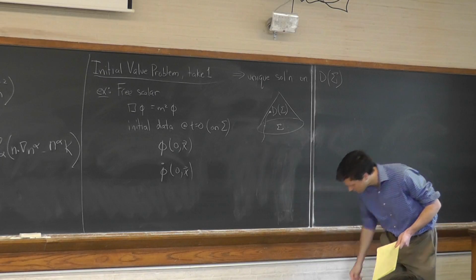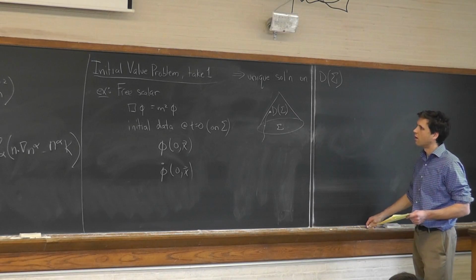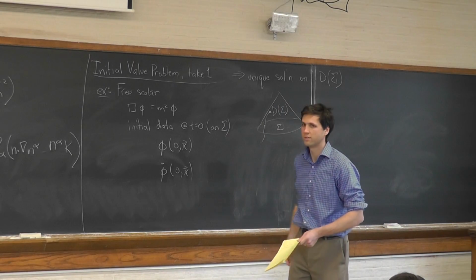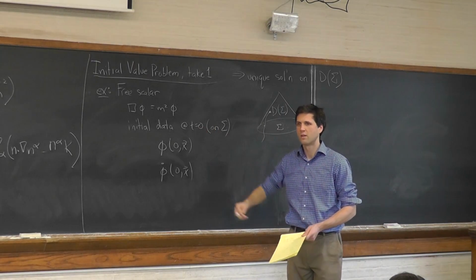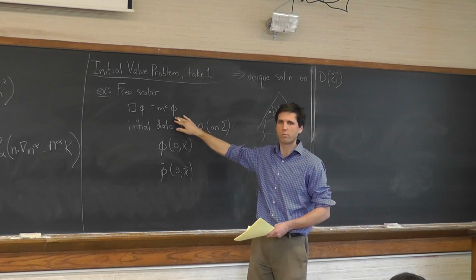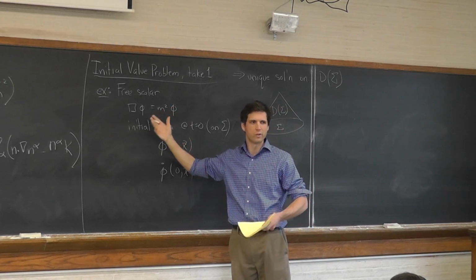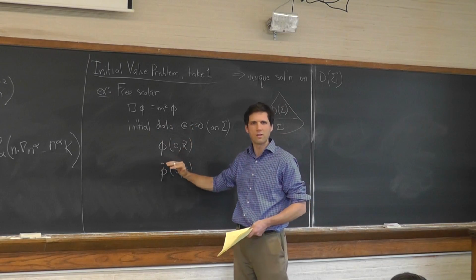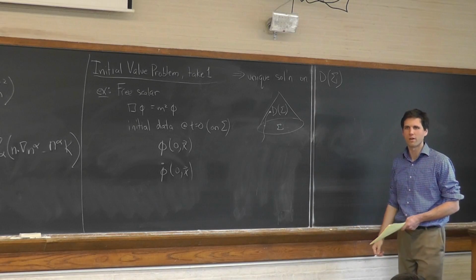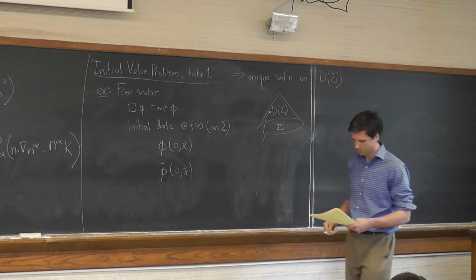So that's the domain of dependence. And you can prove mathematically that this is a well-posed initial value problem. This particular type of partial differential equation is called a hyperbolic PDE, and hyperbolic PDEs have good initial value problems in this sense. You give me the data on some domain, and if I know how to solve PDEs, at least in principle, it uniquely specifies the data in the future.